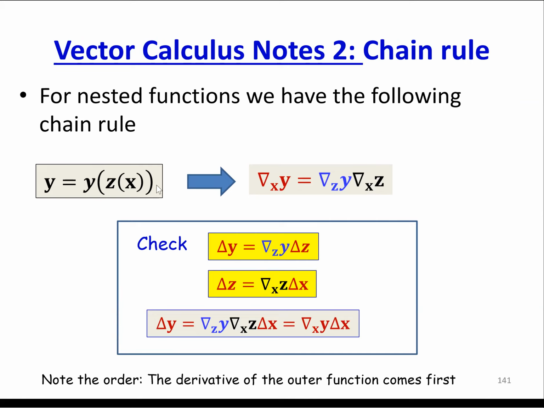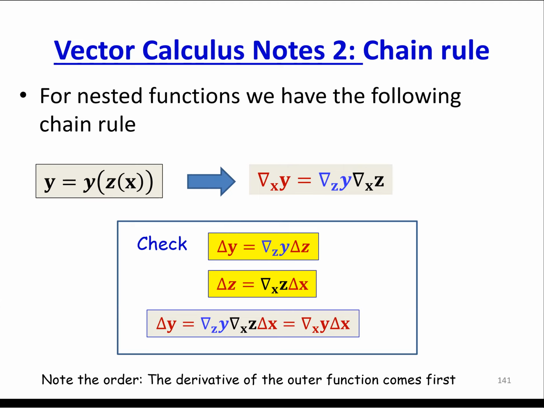If I have y equals y of z, some function y of some function z of x, then when you compute the derivative of y with respect to x, this is the first link in the chain. The outer one is the second link in the chain. So the outer one goes rightmost, and then the inner one comes to the left of it. Because this one basically says x influences z influences y.